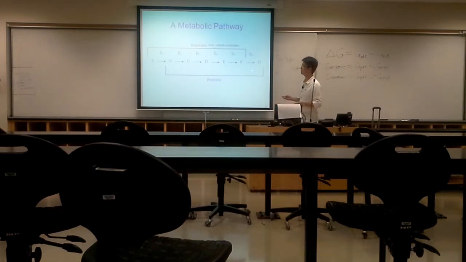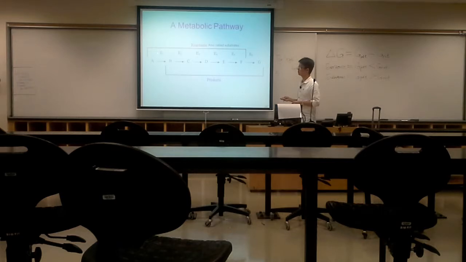So let's go back here. Just a brief review. In order to form product G from reactant A, we do not go from A to G directly because it will require a lot of ATP, a lot of energy at one time. When this happens, our body will overheat and will burn ourselves.